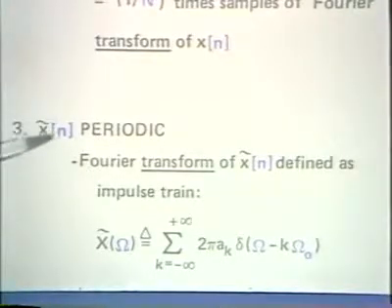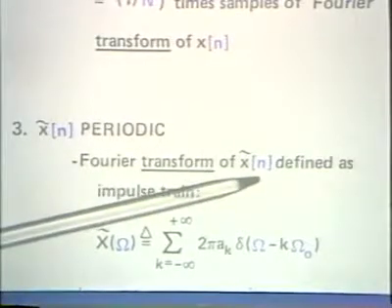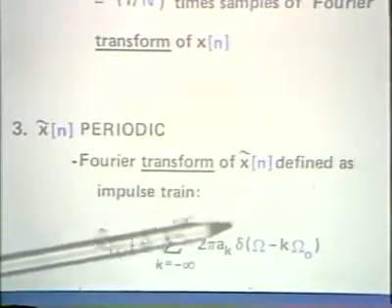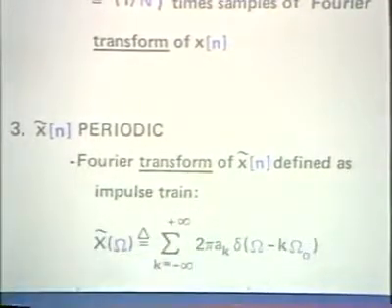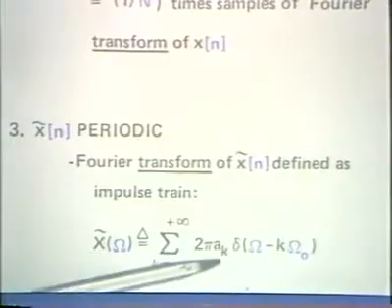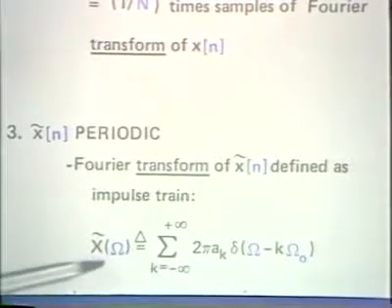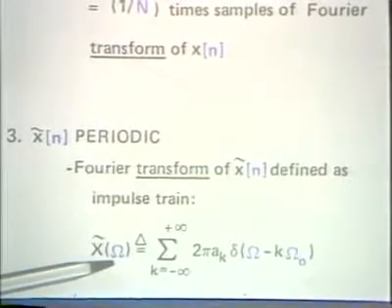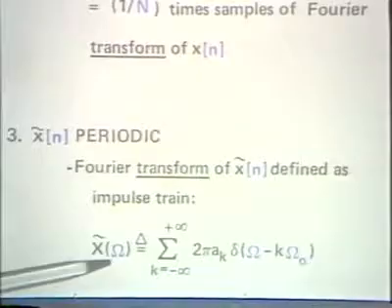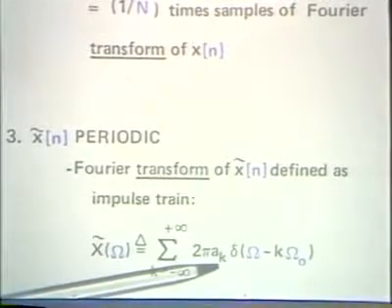So in discrete time, if we have a periodic signal, the Fourier transform of that periodic signal is defined as an impulse train where the amplitudes of the impulses are proportional to the Fourier series coefficients. If this expression is substituted into the synthesis equation for the Fourier transform, that will simply reduce to the synthesis equation for the Fourier series.